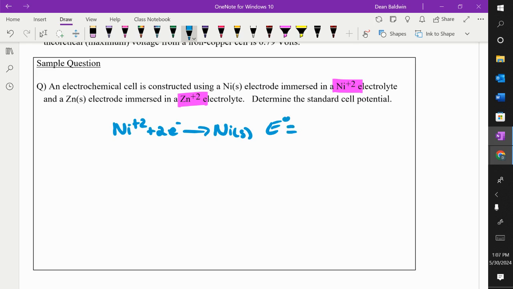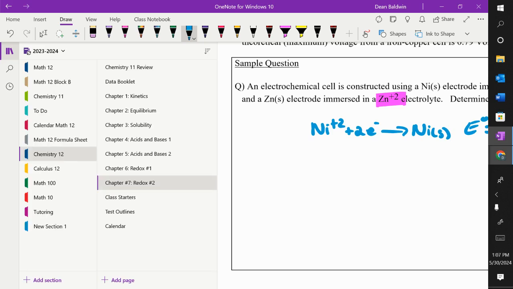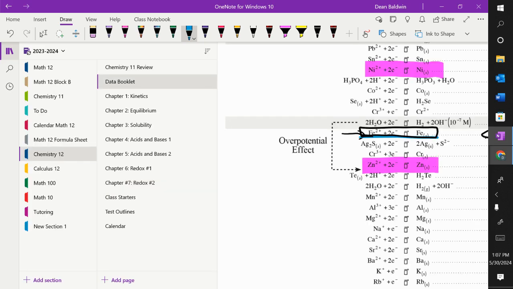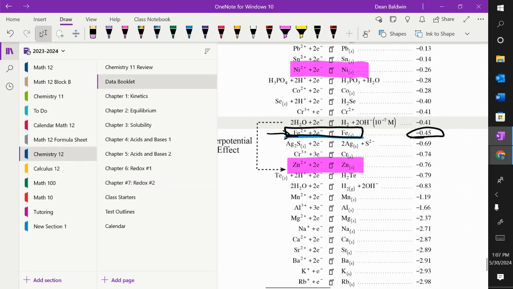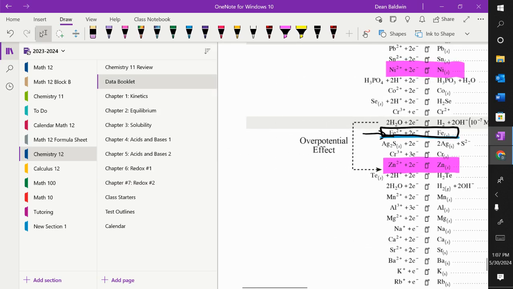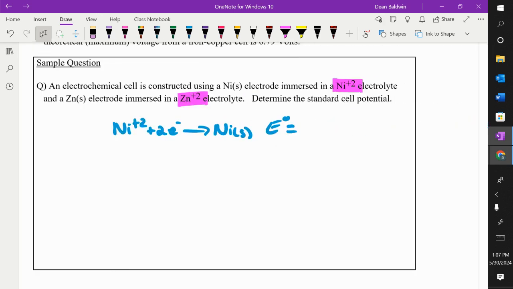Did we change it when we pulled it off the table? Did we rewrite the reaction or flip the reaction? No. So negative 0.26. So that gives an E naught of negative 0.26 volts. We do flip the zinc so that it's zinc solid.